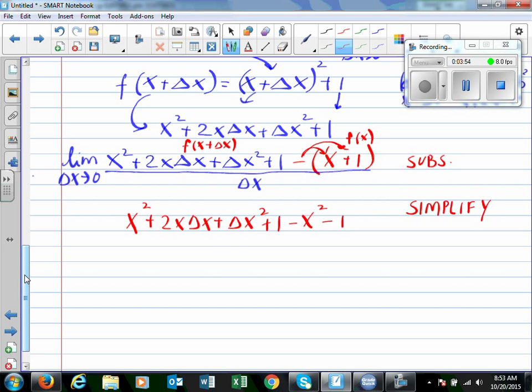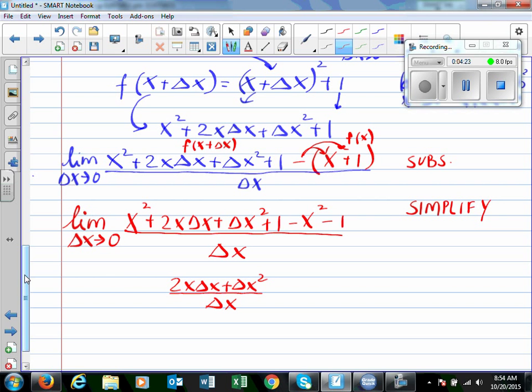The whole thing divided by delta x, limit delta x approaching 0. Now, when you cancel like terms, what will you end up getting? So 2x delta x plus delta x squared is what you're left with, divided by delta x.